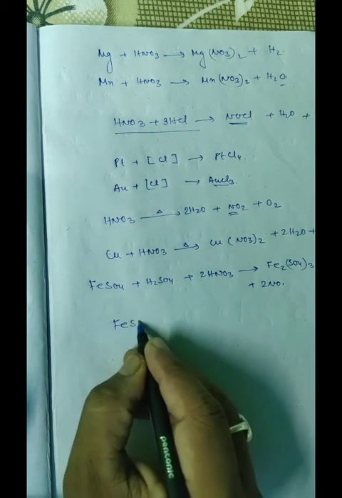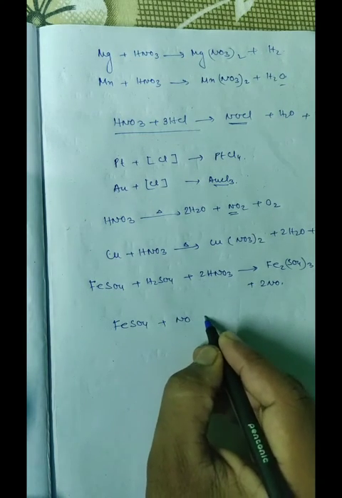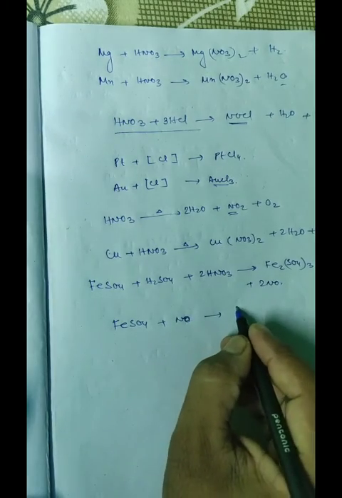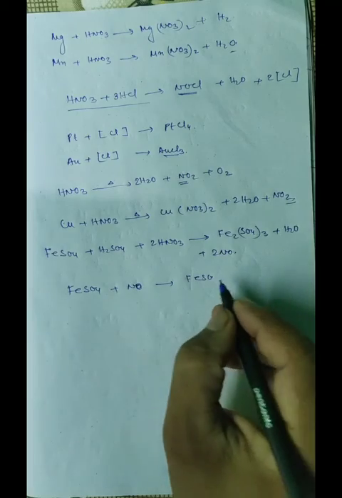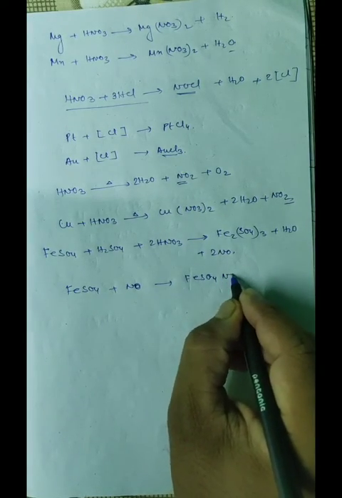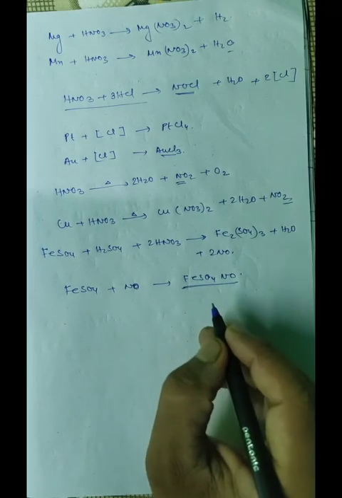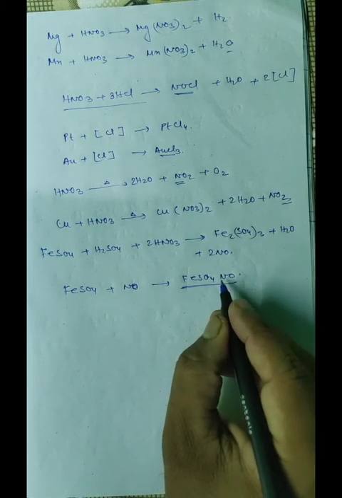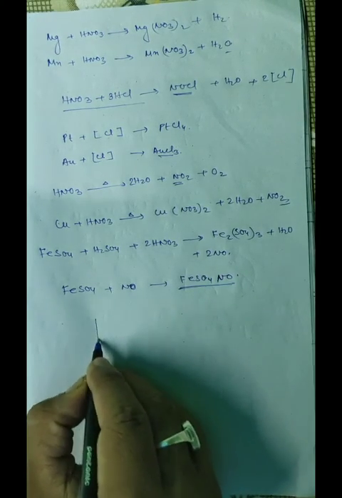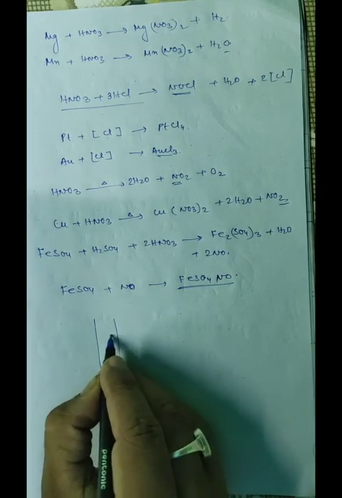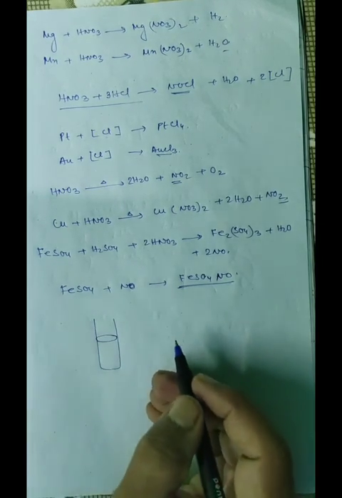Now when this FeSO4 reacts with NO, it will give FeSO4.NO. What is the name of this compound? Nitrosoferrous sulfate. Nitrosoferrous sulfate, a brown compound, is being prepared at the junction of two liquids.